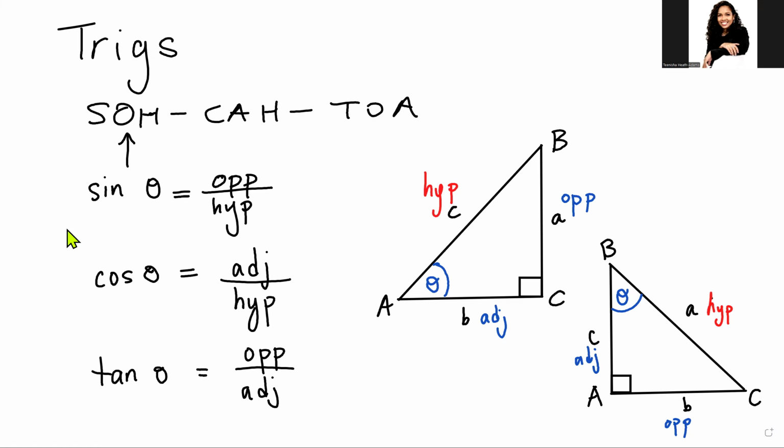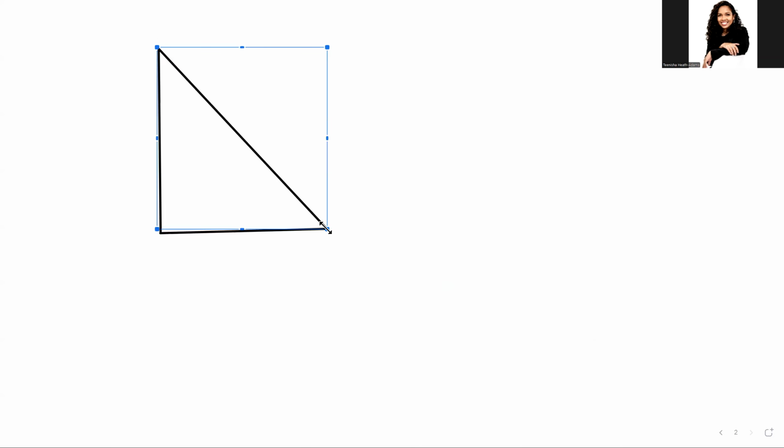You can use trigs to find unknown sides and unknown angles in a right angle triangle. So let's say I have this triangle here, and I want to find an unknown angle. It's a right angle triangle.